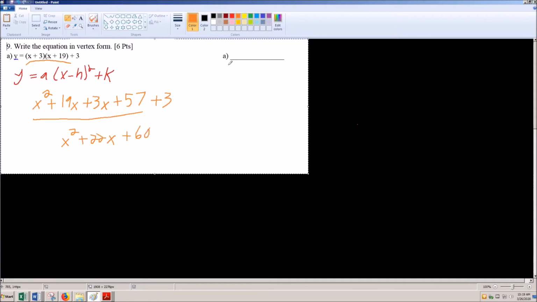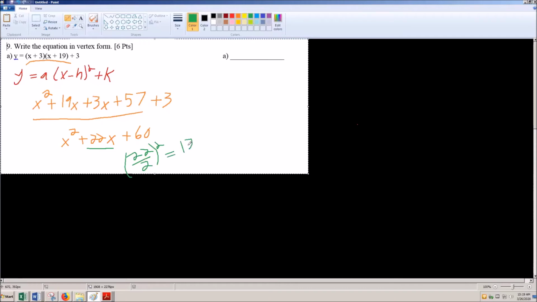From here, I actually want this thing to look like my vertex form, so I want to complete the square. This 60 is not what I want. What I want is based off my b value. My b value here is 22. So I'm going to do 22 divided by 2, and then square that thing.